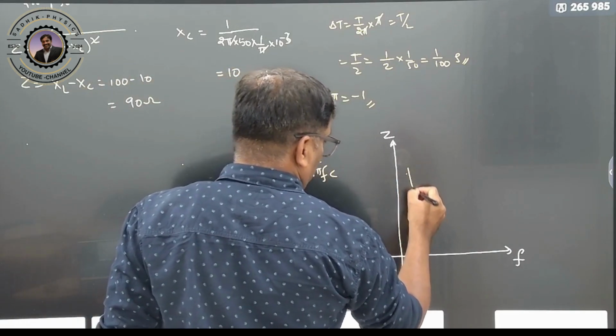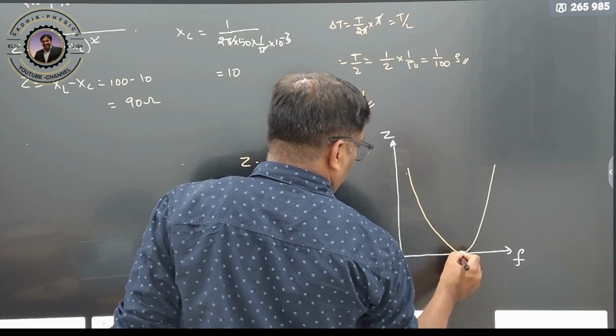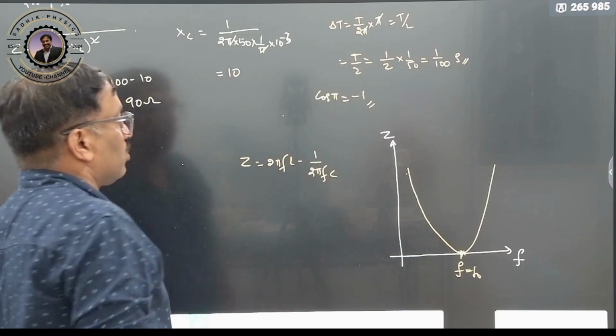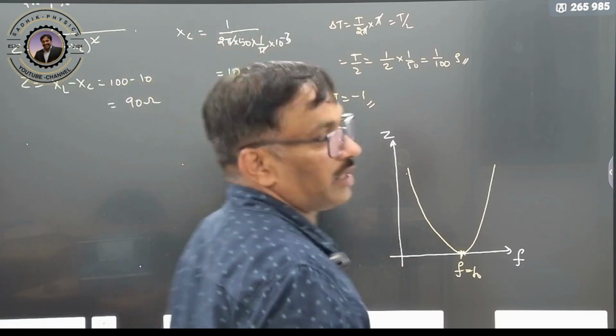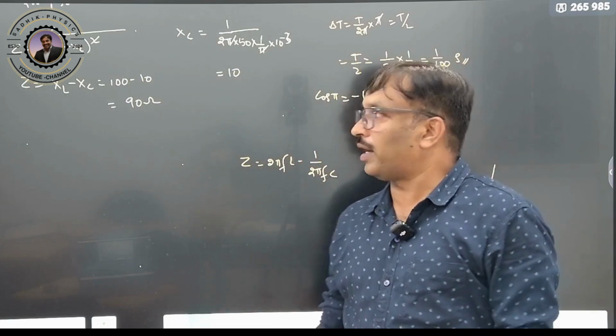So it comes from infinity to here, then afterwards it goes to here. Here it will be your resonating frequency. Clear? In this way impedance and frequency change, right? So in this way you can calculate the problems related to this.